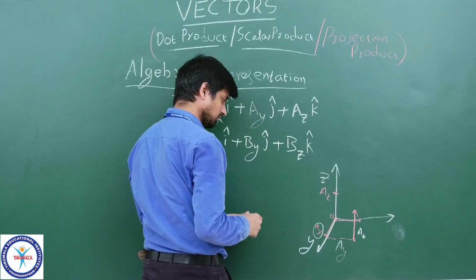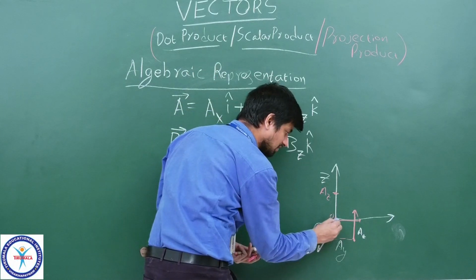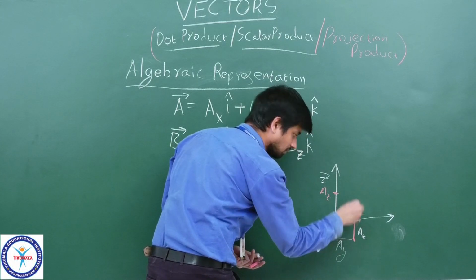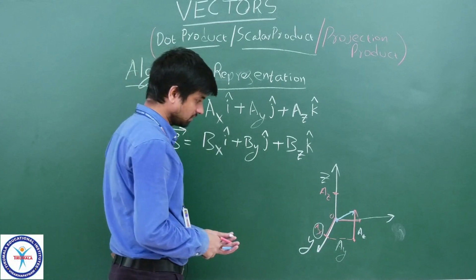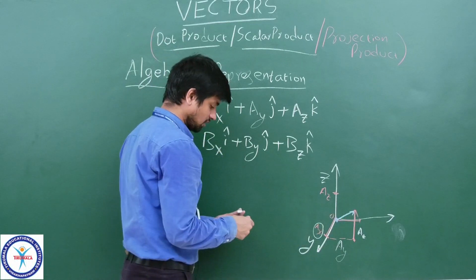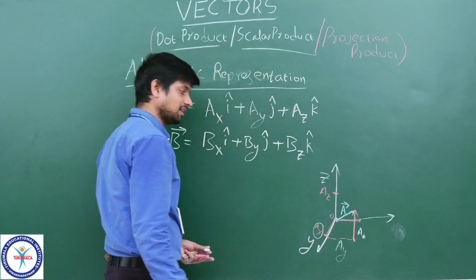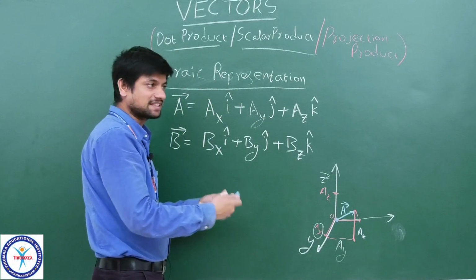Okay children, yes. Now the vector representation is done from the origin towards here, you can see towards here. So this blue color is the vector A bar, and these all are the scalar components on x, y, z.